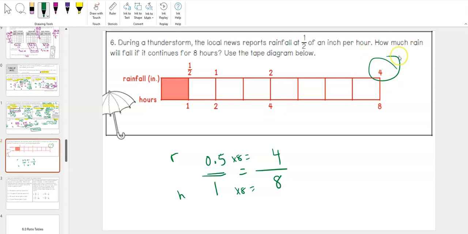And that's how we got our answer of 4. Now, if you wanted to do this the traditional way that we've been doing with equivalent ratios, you would set it up the same way with 1/2 of rainfall on top and the hours on the bottom. I wanted 8, so I needed to know how many inches of rain went here. 1 times 8 is 8, and 1/2 times 8 is 4. And that's how we got our answer that way.